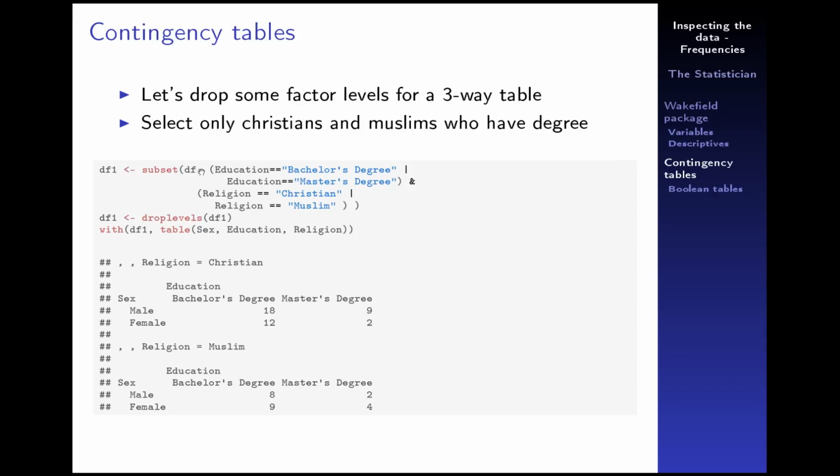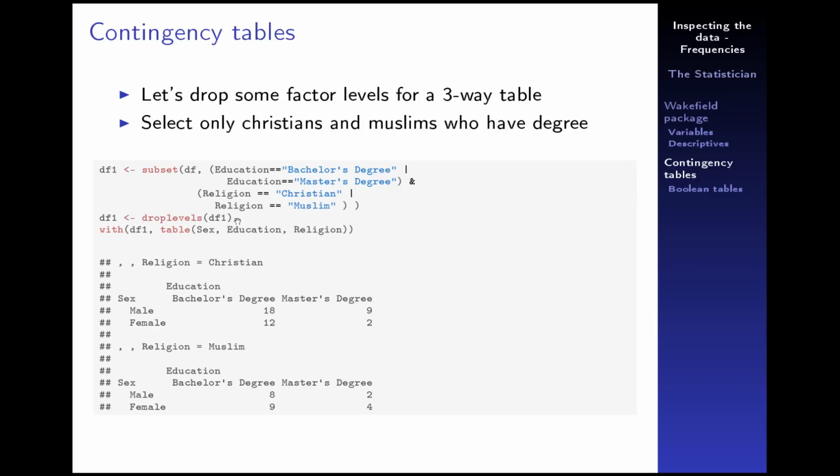And first I will select the data, and then I'm selecting by which variables the new data frame will be formed. So I will have education, either bachelor degree or master's degree, and the data will also include religion only if it's Christian or Muslim.